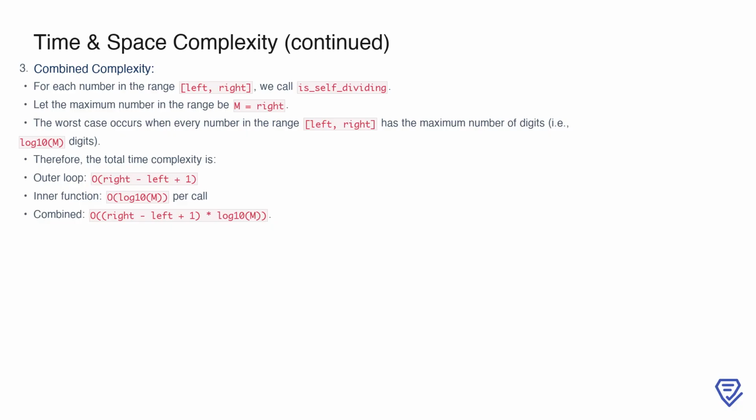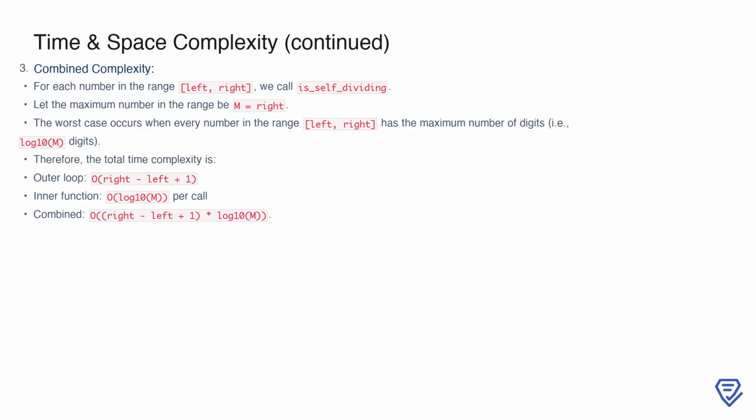The outer loop runs right minus left plus 1 times, and for each iteration, the inner function executes in O(log 10 m) time. Multiplying these two factors gives us the total time complexity, O((right - left + 1) * log 10 m). This represents the combined cost of iterating through the range and checking each number for the self-dividing property.